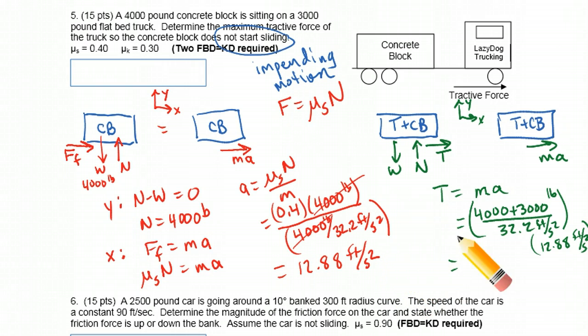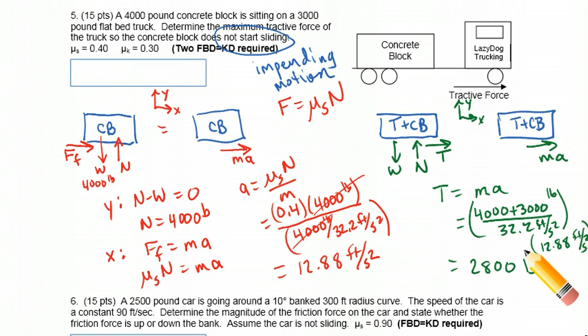So it looks like it's going to be 0.4 of 7,000, excuse me, we'll punch it out. 7,000 divided by 32.2 times 12.88, 2,800 pounds. So there's our traction force.